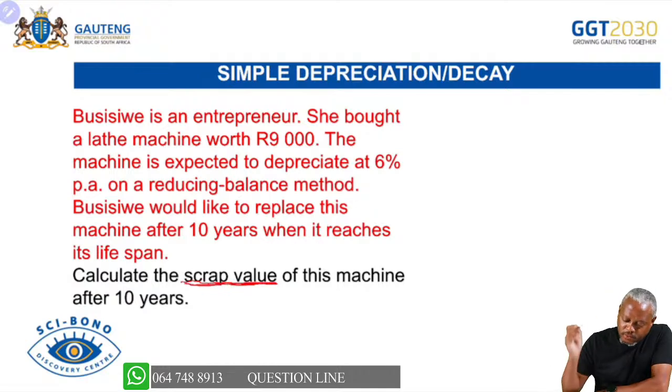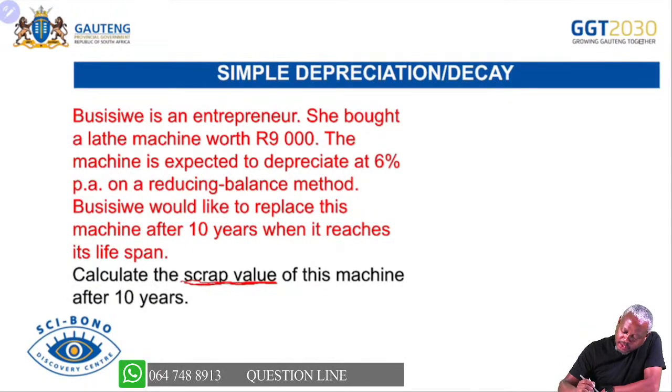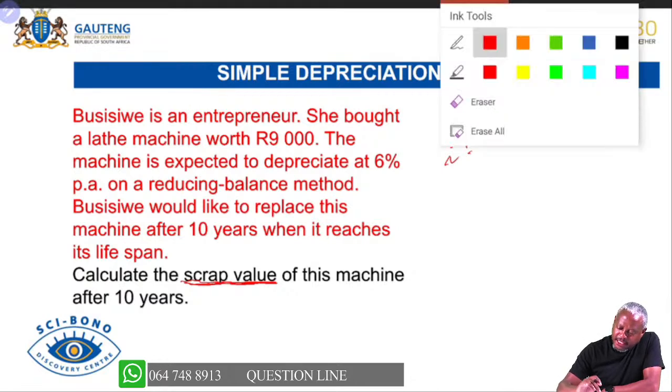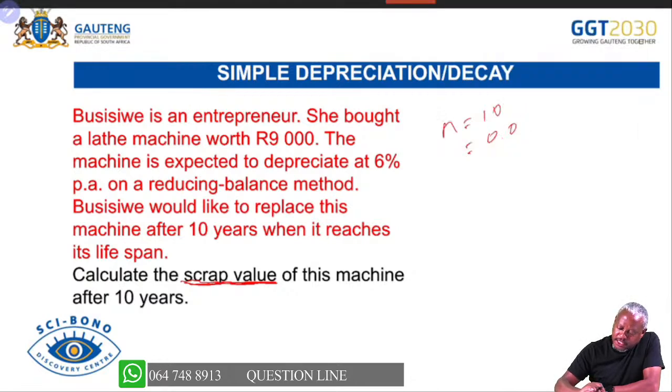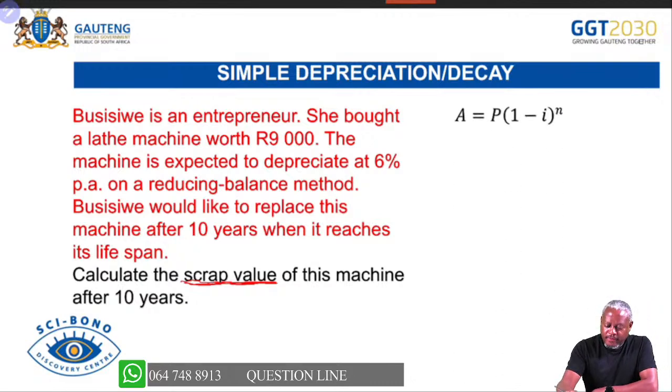Now, I think in the first minute you're supposed to identify what is n, which is 10, and what is i, which is equivalent to 0.06. This is an example that I was expecting you to do. Let me raise this one because it might spoil our solution. The next one, here it is now. You have to identify the correct formula.